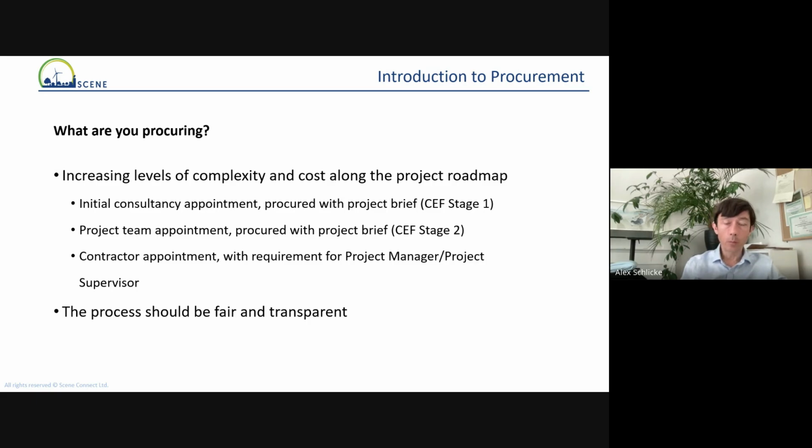And I think the most important thing on procurement, that is paramount, is that the process should be fair and transparent.